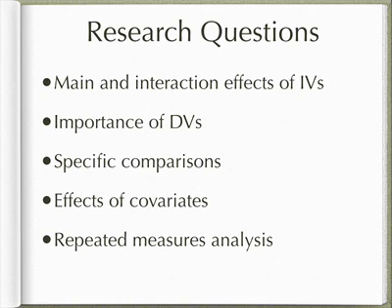You could assess specific comparisons. Again, maybe you're not interested in all possible group comparisons or all possible interactions, so you could just look at some specific comparisons. You can look at effects of covariance, and you can do repeated measures, just like you can do repeated measures ANOVA, which we haven't talked about.